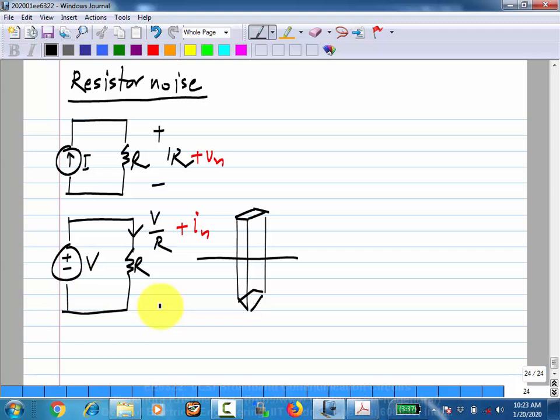So again, from physics you probably have an idea that this random motion of electrons increases with increase in temperature. So this noise current In is described by a spectral density.